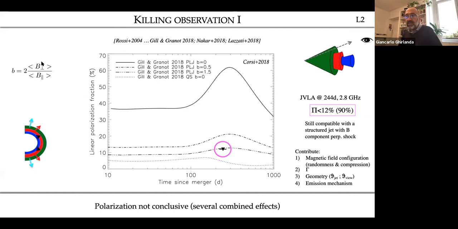So this observation was important, but was not conclusive in distinguishing these two emission components.